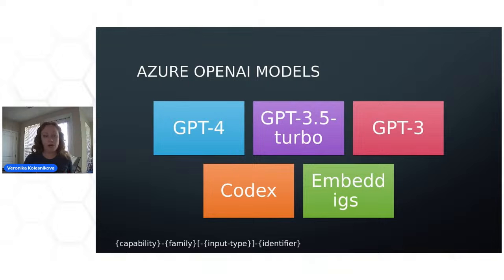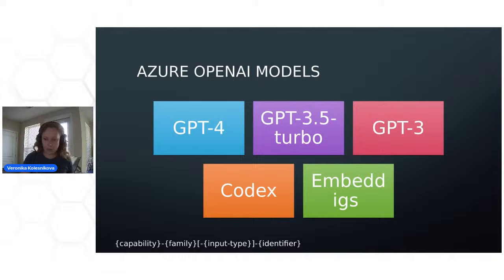Some of those models have dual capabilities, like they can work with text or they can work with documents, for example. And then family, that's the name of the family, and then input type, and then identifier. Because even if you choose a model, there are a couple of versions of that model available. So be mindful about that.